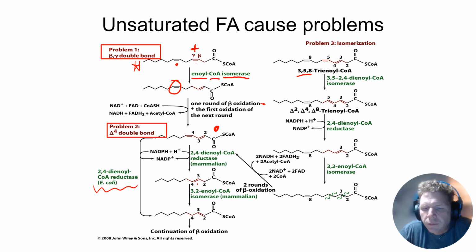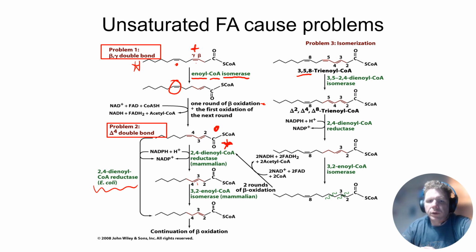We're going to isomerize that to put it between carbons 2 and 3. We can send that through beta oxidation, and we're all good and well until we get to a point where we've removed 2 carbons at a time, and we have a molecule where we've got something that resembles this right here.